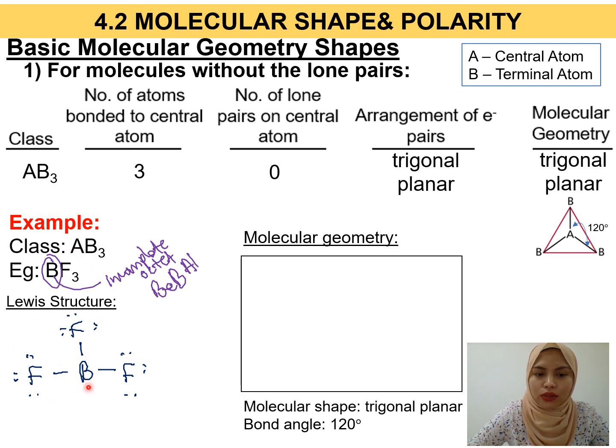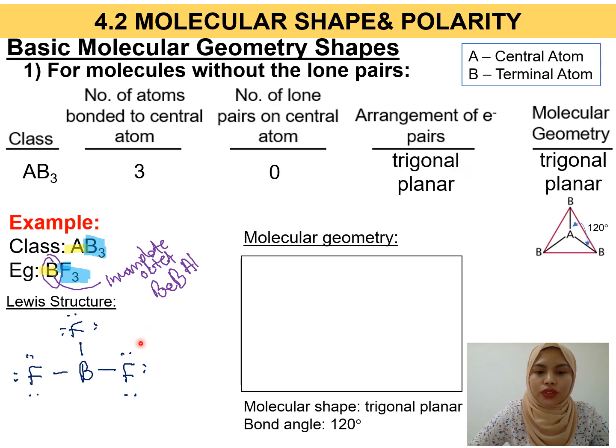This molecule ada satu central atom. Okay, satu central atom. Lepas tu ada 3 terminal atom. So kalau let's say the molecule tiada lone pair di central atom and then dia mempunyai kelas AB3, makanya dia punya molecular geometry akan jadi trigonal planar.